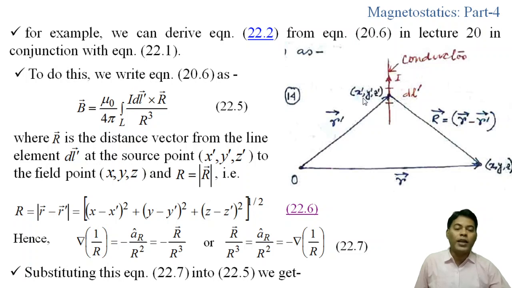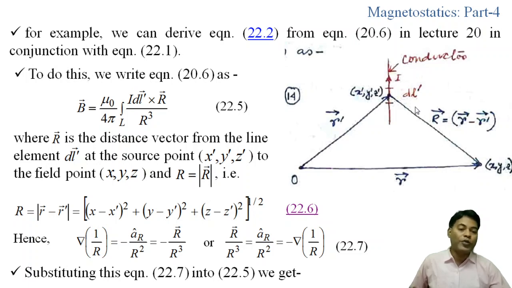Because the coordinates we have considered are x prime, y prime, z prime, and the distance of this current element I dl prime from the origin is the vector r prime. Now our aim is to find the magnetic vector potential at the point x, y, z. The distance of the observation point from the origin is the vector r.